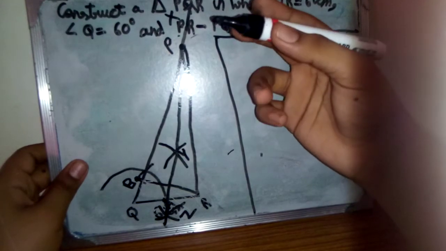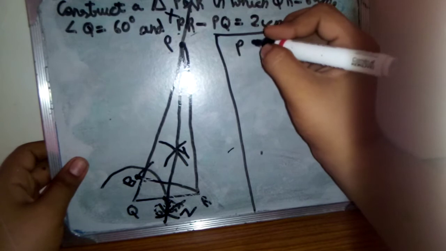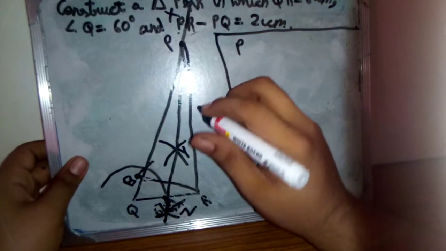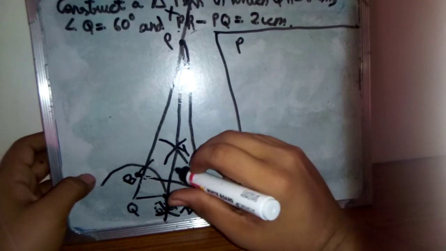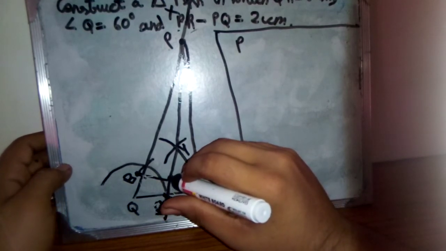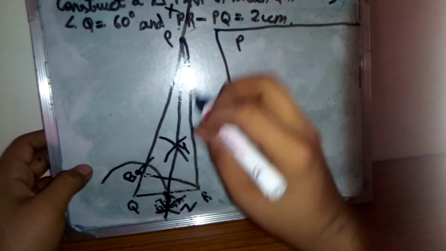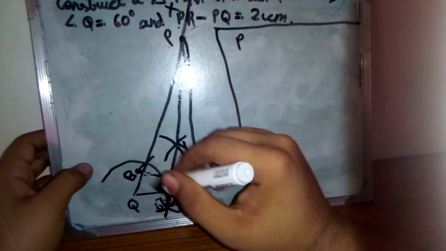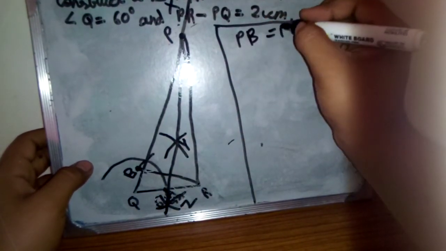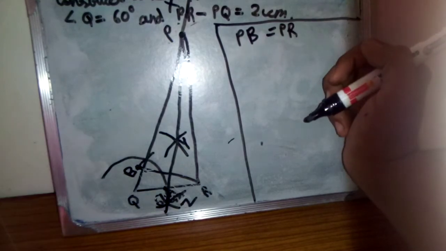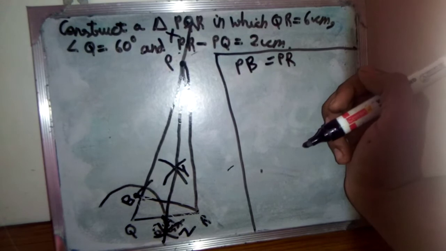As you can see, P lies on the perpendicular bisector of BR. This means that PB is equal to PR.